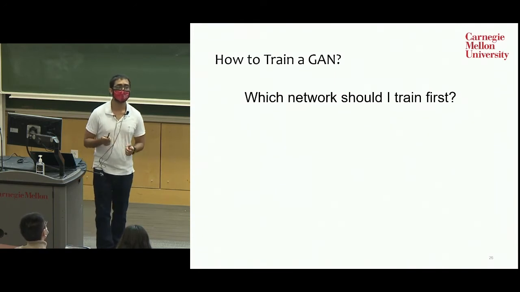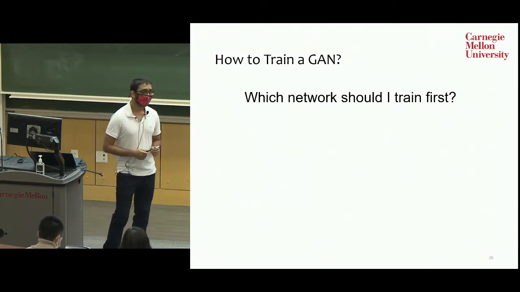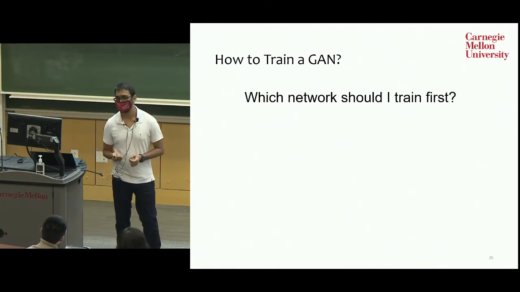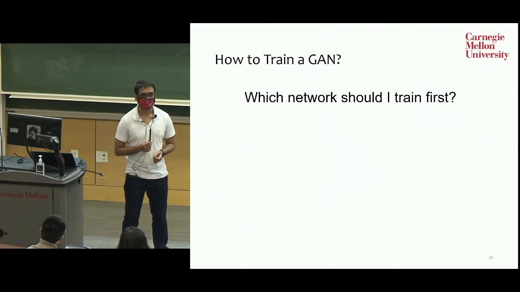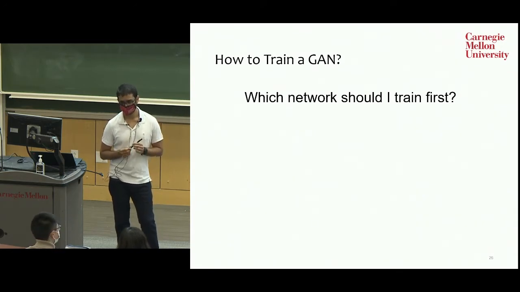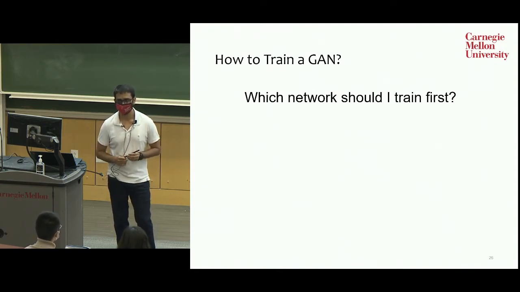We know that there are two networks in a GAN. Which one do you think we should train first? Should it be the generator or the discriminator? Discriminator. Why? I think we should have the capability to discriminate between the real image and the fake image, and we can use it as guidance for the generator to generate a realistic image.